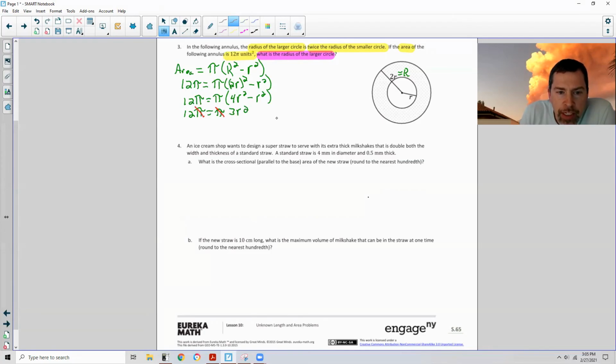So if we divide both sides by pi, those would cancel. And I can divide a 3 out, and that would make this 4 equals R squared. Take the square root of both sides, and we get R equals the square root of 4, which is 2. And we're calling them units. So it's 2 units. The radius is 2 units, so this is 4 units, 2R.